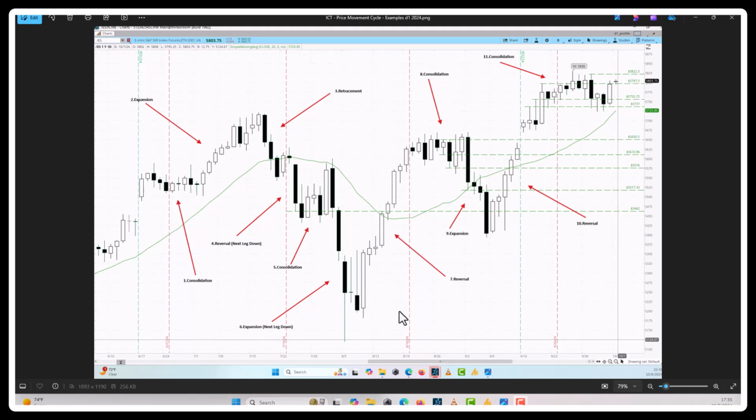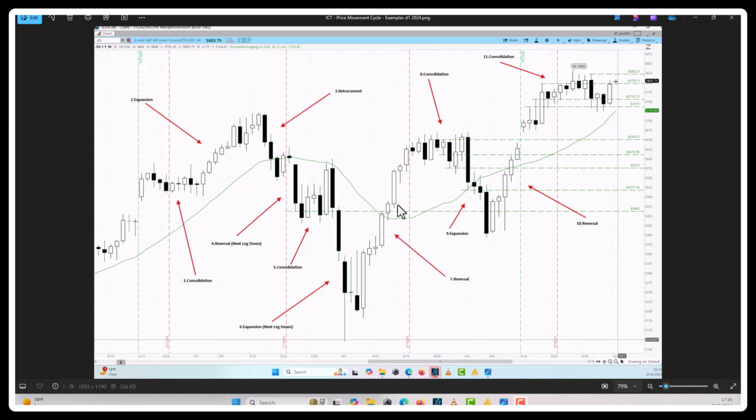It's not going to consolidate over here. It will do a reversal. Yes, that's the beauty right there. Expansion and reversal. It will not make a consolidation right here because it already came out of consolidation. So after it makes this expansion, it's going to reverse. Yes, that's exactly what happened.